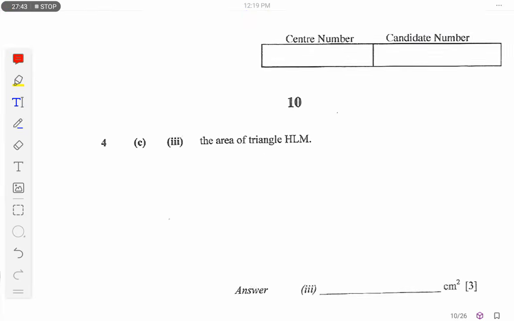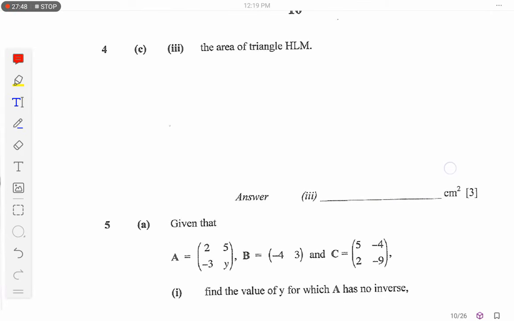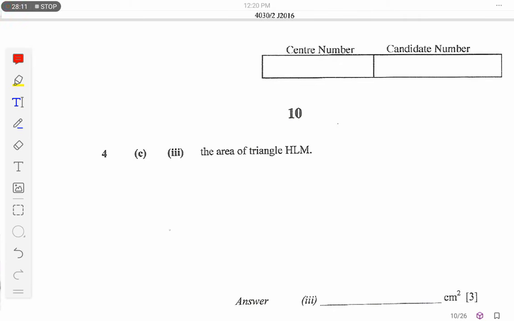Okay, let's move on. Now we can also calculate the area of the triangle HLM. Okay, the area of HLM.